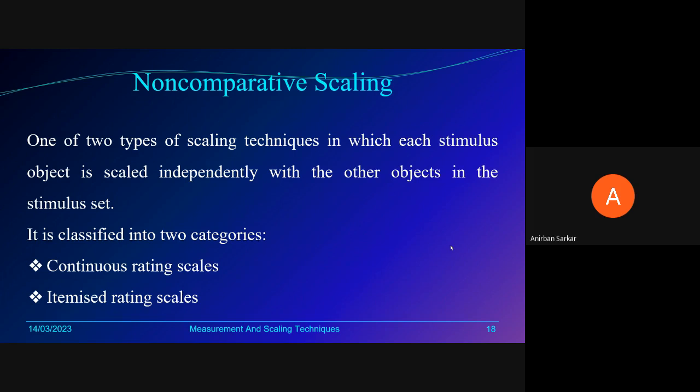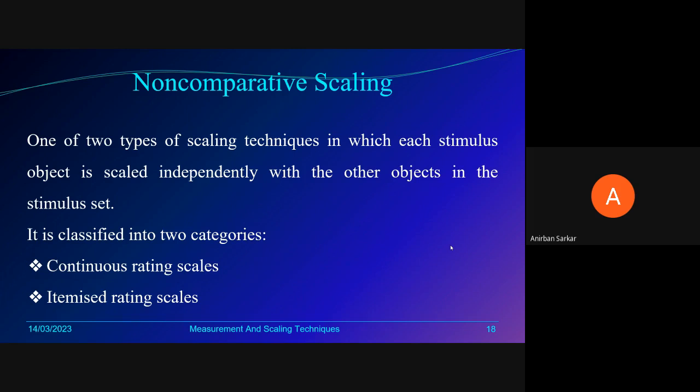It means you are not comparing anything. You are identifying the objects and using the scaling techniques to measure those objects. You are not comparing one object with another. When you are independently handling these objects, you call it a non-comparative scaling technique. And non-comparative scaling technique is basically of two types: continuous rating scale and itemized rating scale.